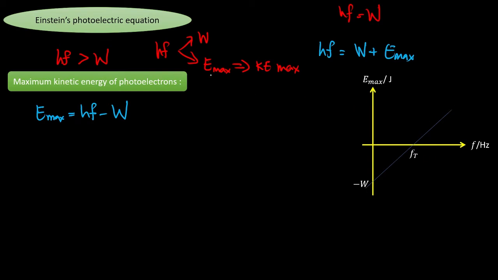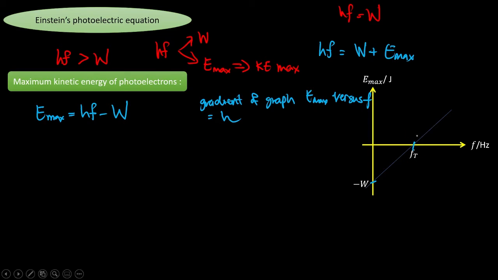From here, you also notice that the gradient of the graph of E max versus f is equal to the Planck constant, the y-intercept is your work function, and the x-intercept is the threshold frequency.